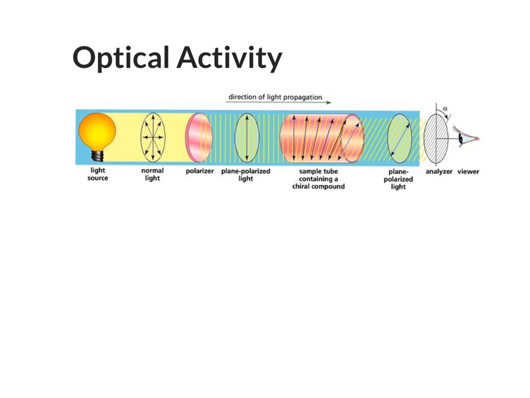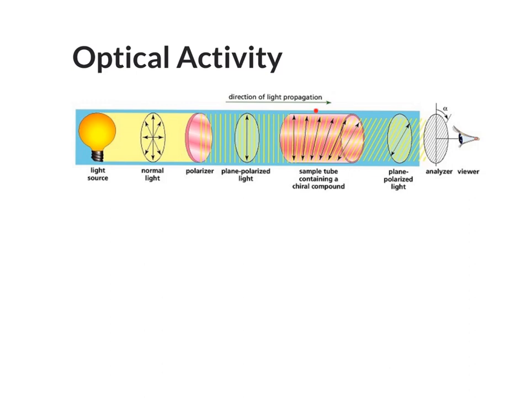So once you've got plane polarised light, if you were to shine it at a sample of a compound that is optically active, if you've just got one of the enantiomers in here, one version of the molecule, the light will rotate so that the plane that it is oscillating in is rotated by a certain angle.